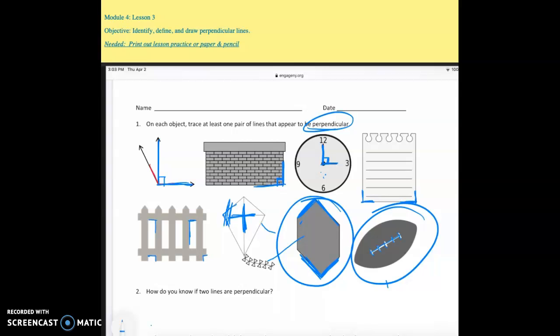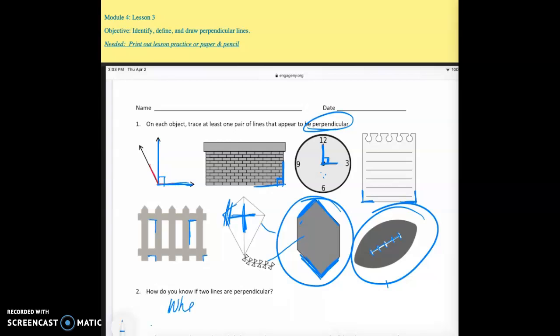All right, how do you know if two lines are perpendicular? How do you know? Well, one thing I said was something about a right angle. So if they have a right angle, does that mean that they are perpendicular? Yes. How do you know if two lines are perpendicular?